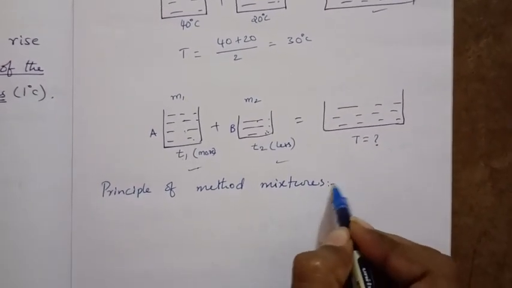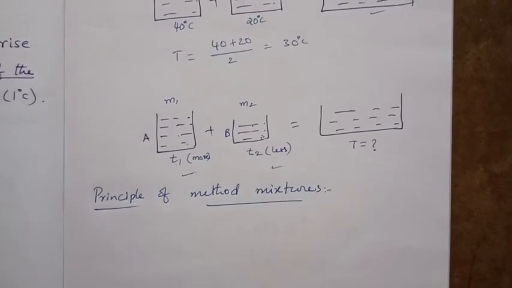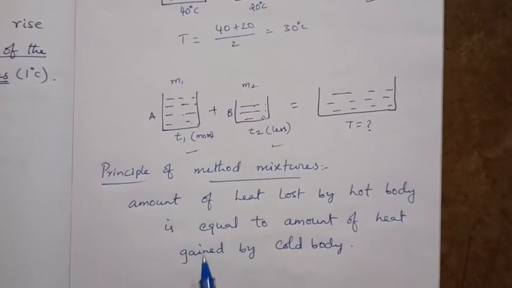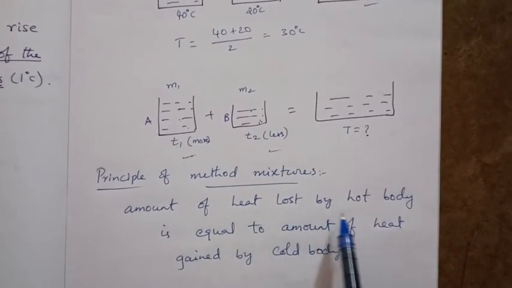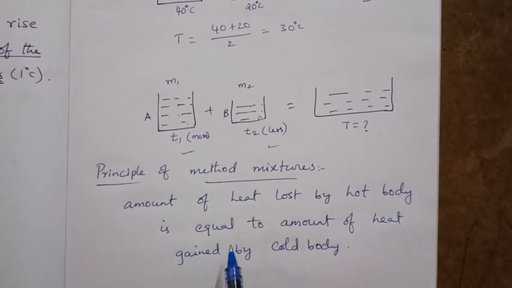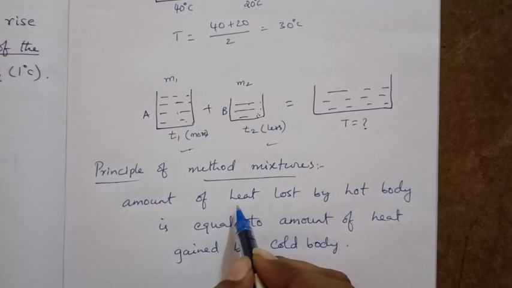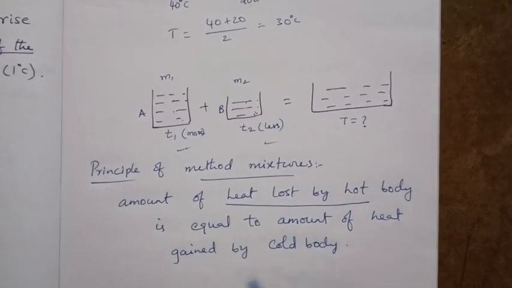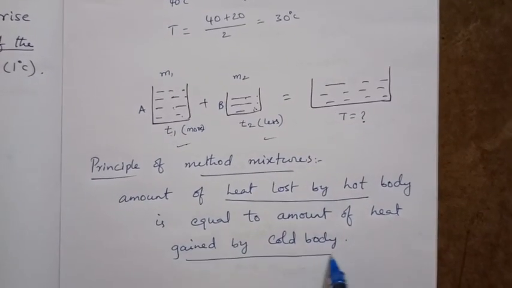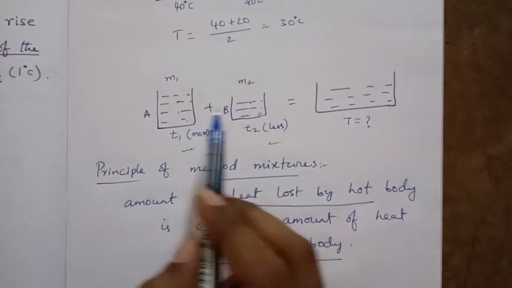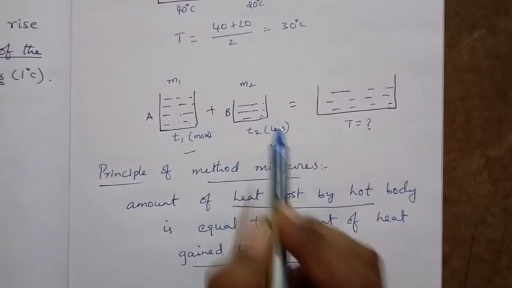What does it say? The amount of heat lost by the hot body is equal to the amount of heat gained by the cold body. Same amount. Whatever heat it lost, it will gain.